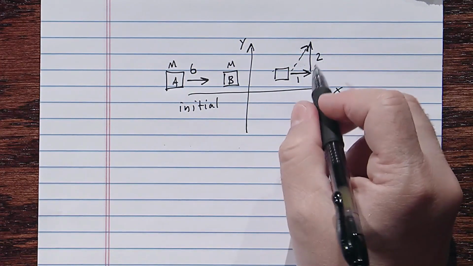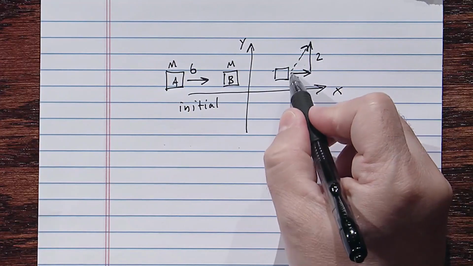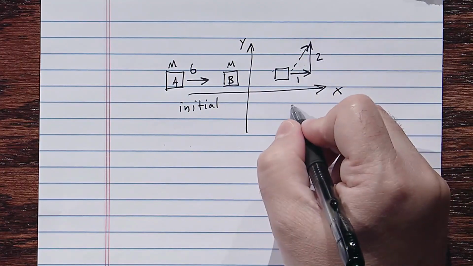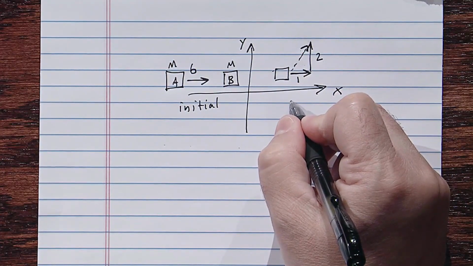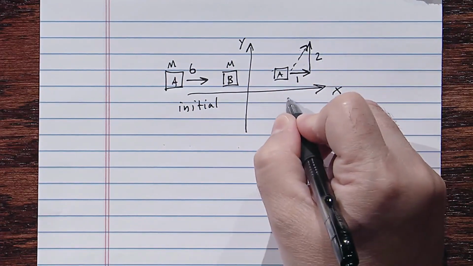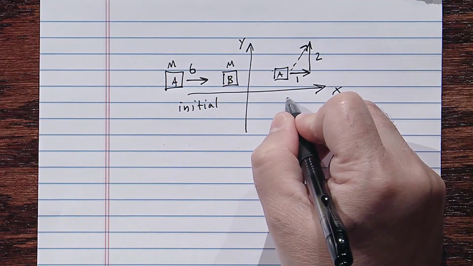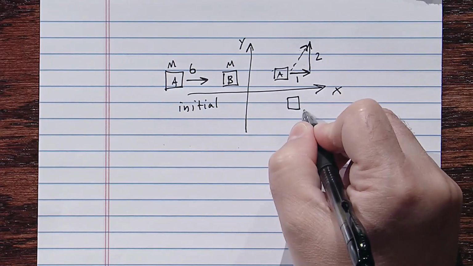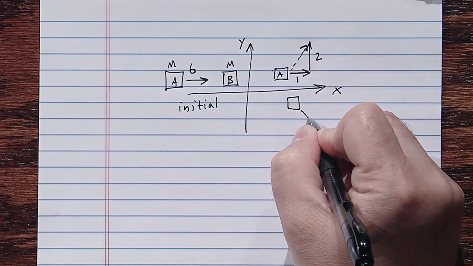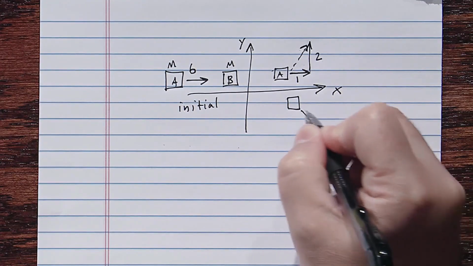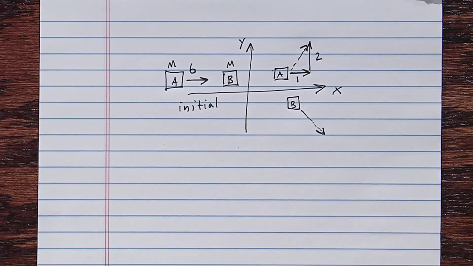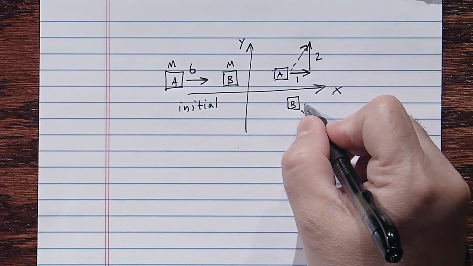And body B, if body A is moving upwards, we'll assume that body B is moving downwards. So I will draw body B to be moving something like this, down and to the right.